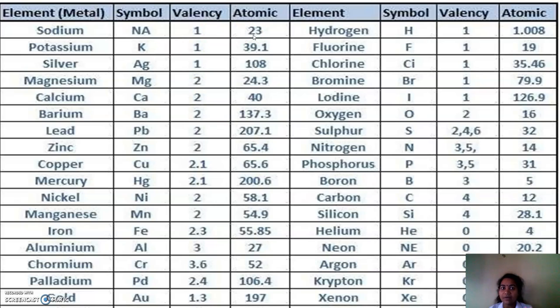We know how to find valency: it is based on atomic number, that is the number of electrons, and we distribute the electrons in each shell, and the number of electrons in the outermost shell is the valency. So here you can see the valencies of some elements. We need this for writing chemical formulas.